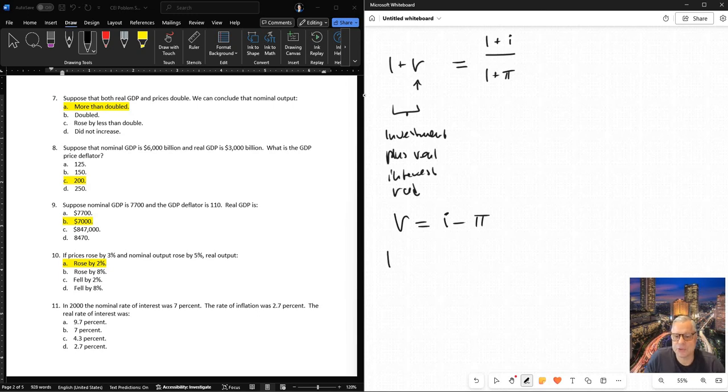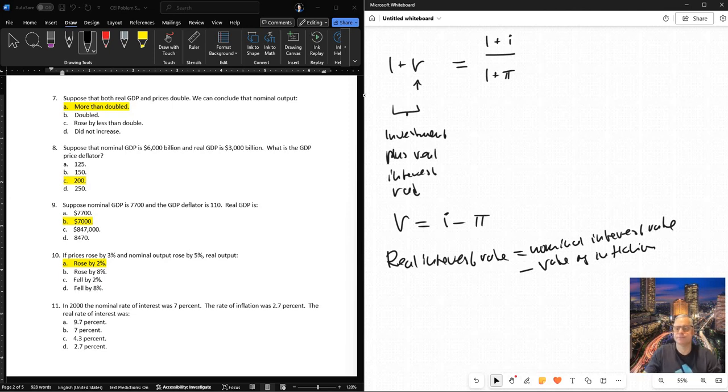So the real interest rate is equal to the nominal interest rate minus the rate of inflation. If you use your calculator, you would see that for very small values, this approximation always holds.